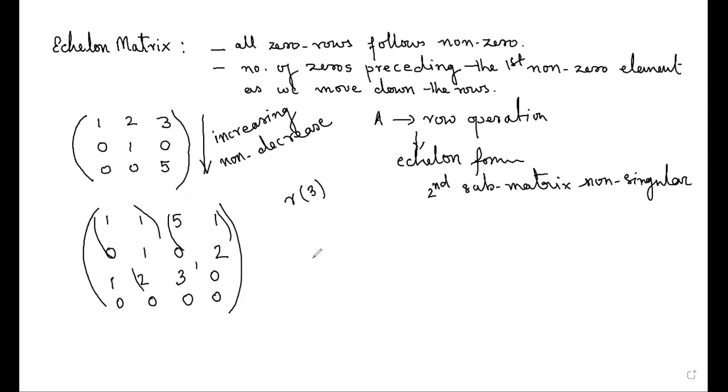But what more criteria is there? If I am taking rank to be 2, then every matrix of order greater than 2, say order 3, must be singular.